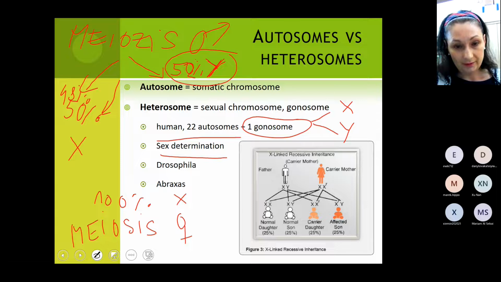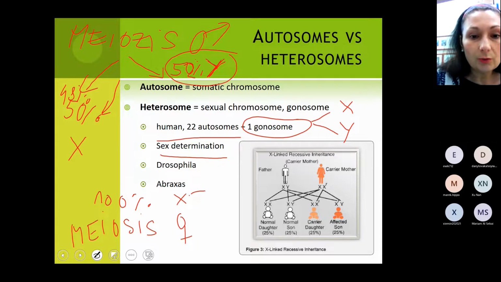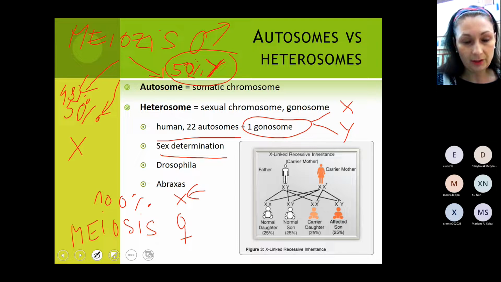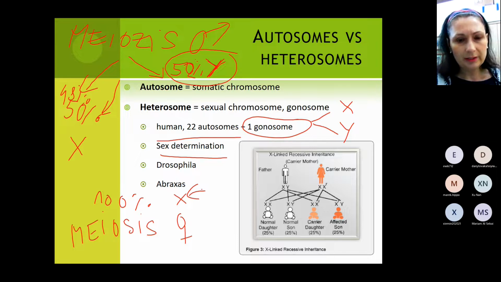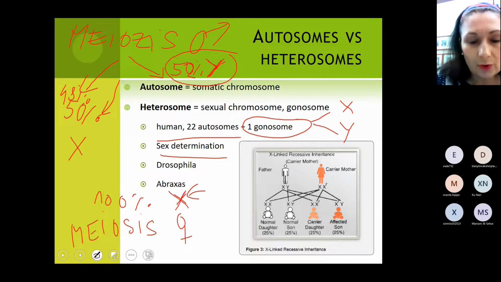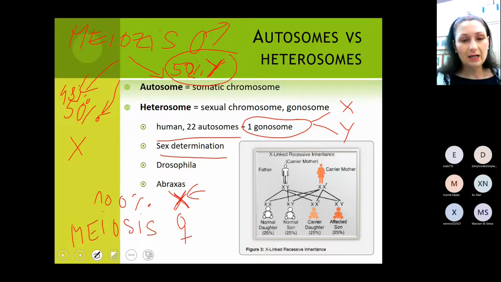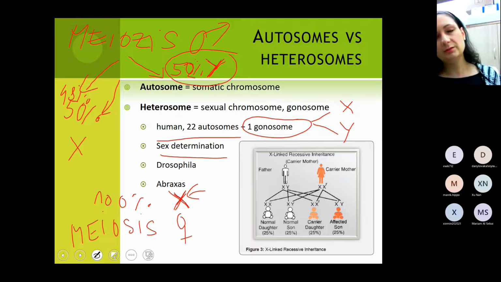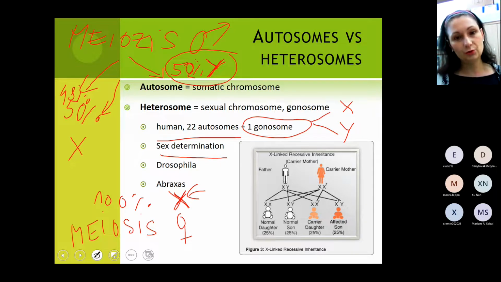Some of the features, some proteins are encoded only in the Y chromosome, only there. In the X chromosome, sorry, in the X chromosome, only in the women chromosome. The X chromosome is much bigger than the Y chromosome. So the amount of genes placed in the Y chromosome is much smaller than the amount of genes present in the X chromosome.